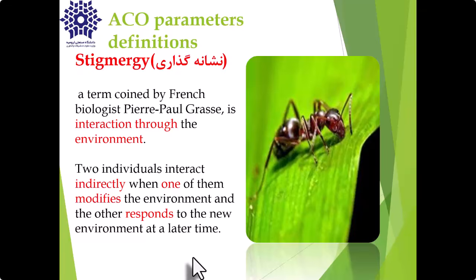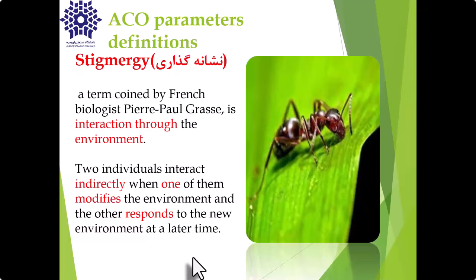So they spread pheromone on the path, signing the path for other ants to follow. Two individuals interact indirectly when one of them modifies the environment, and the other responds to the new environment at a later time. In this way, two ants interact indirectly; they have no direct interaction between ants.